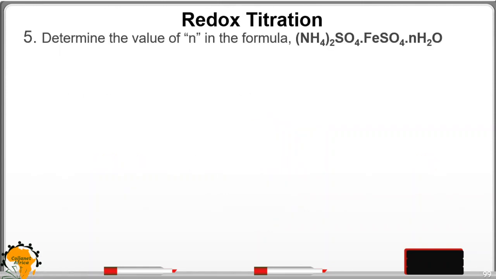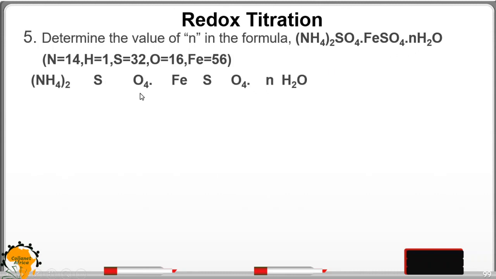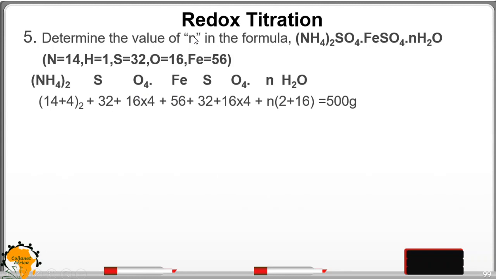5, determine the value of n in the formula. So we have 500 as the relative formula mass. What about now the value of n? We do this computation. Nitrogen has 14 as RAM, hydrogen 4, sulfur, oxygen, iron, again we have sulfur, then we have oxygen here, and here we have the water.